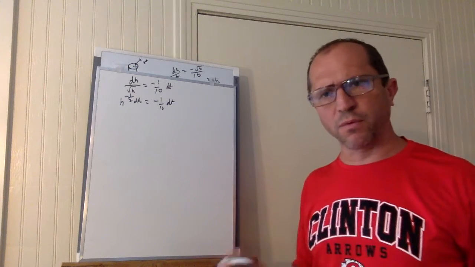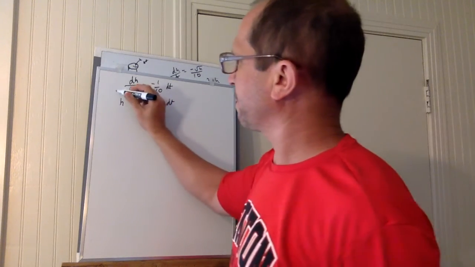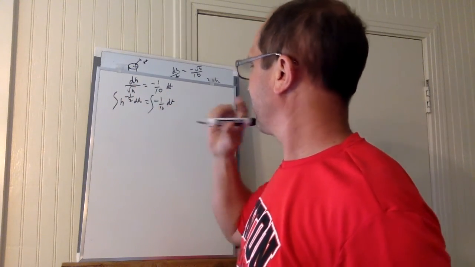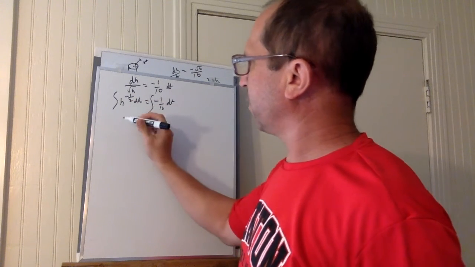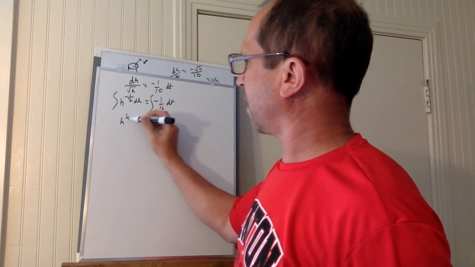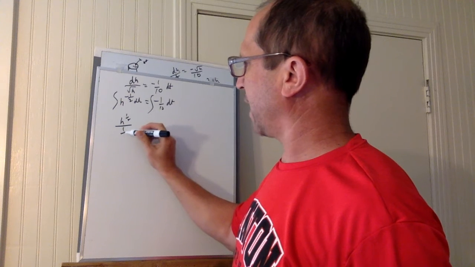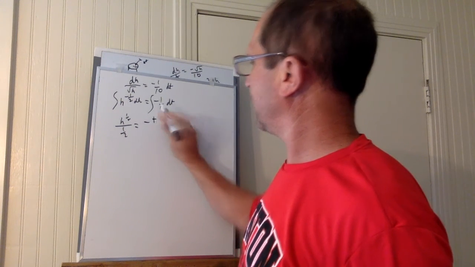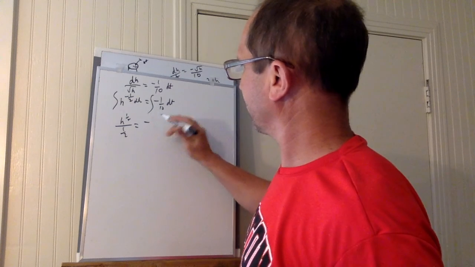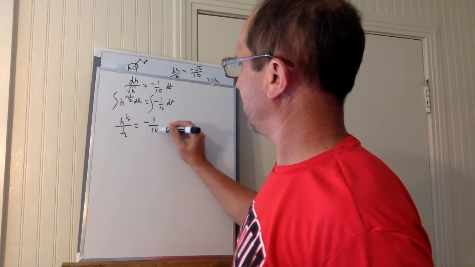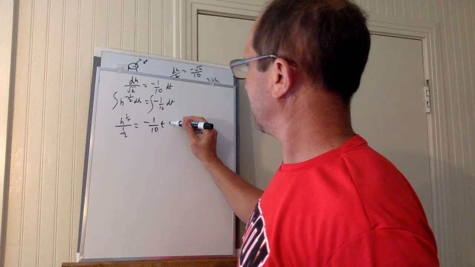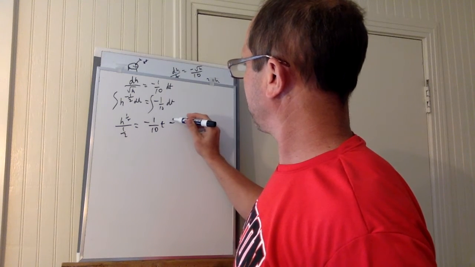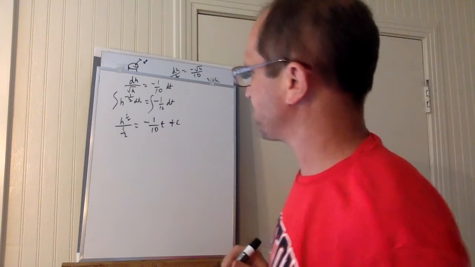Okay, so from here we want to do the integral. So the integral here, you add 1, so it's h to the 1/2 over 1/2 equals negative 1/10 t plus c.